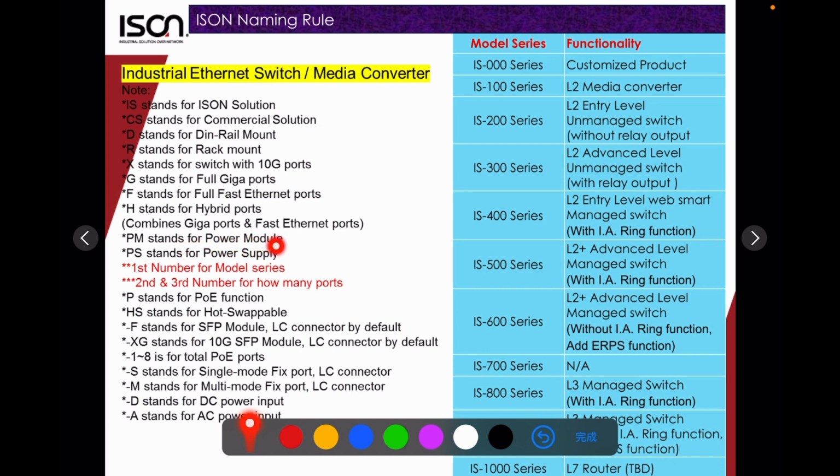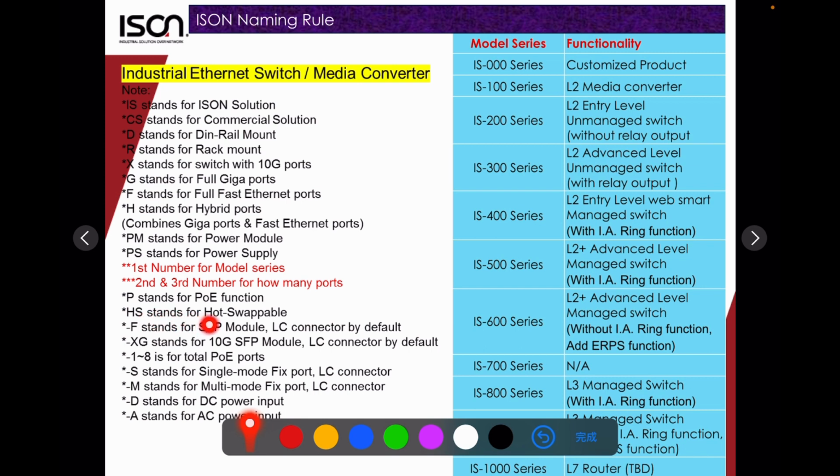PM stands for power module. PS stands for power supply. And the first number of model series, and the second and third numbers is for how many ports. P stands for PoE function.